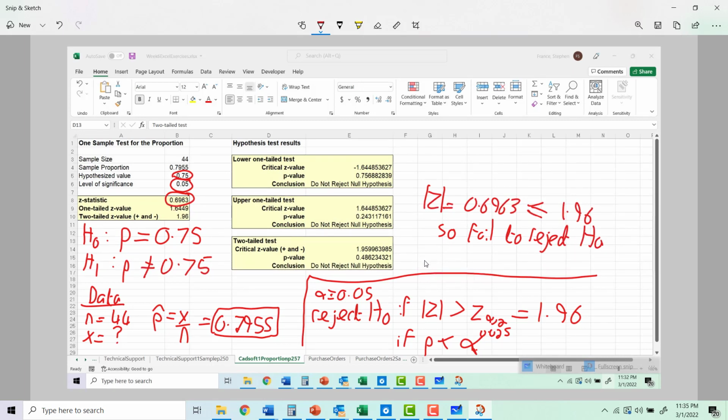And again, my p-value. I need to draw my p-value here. So let's just draw it a little bit up here. We have plus 1.96, minus 1.96. We have our 0, and then we have our alpha over 2. And my z was about 0.69.